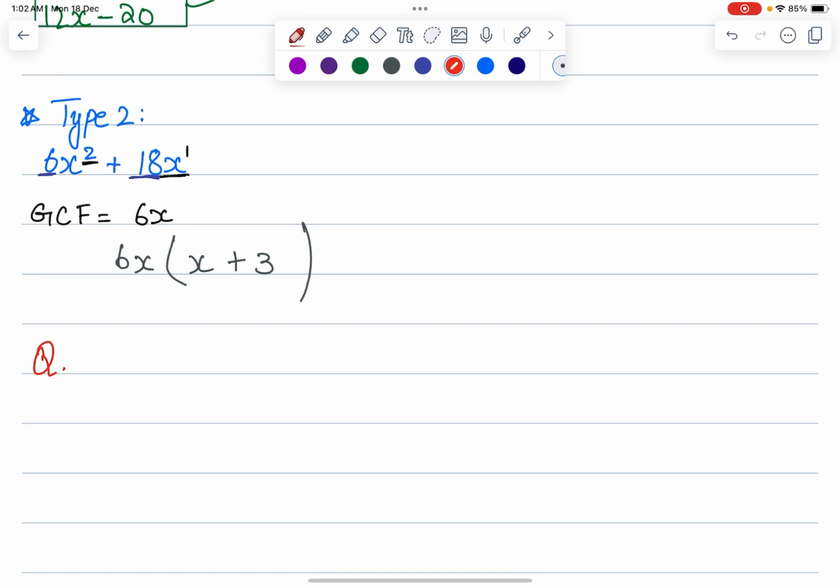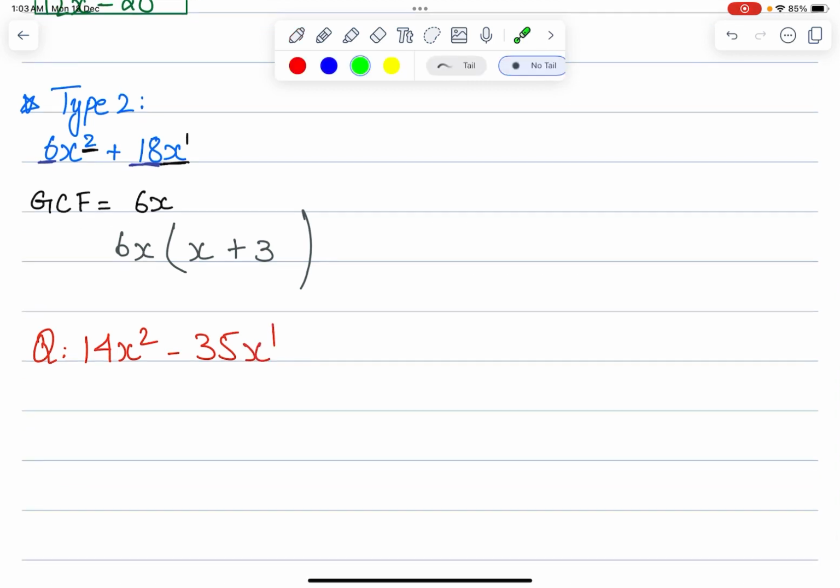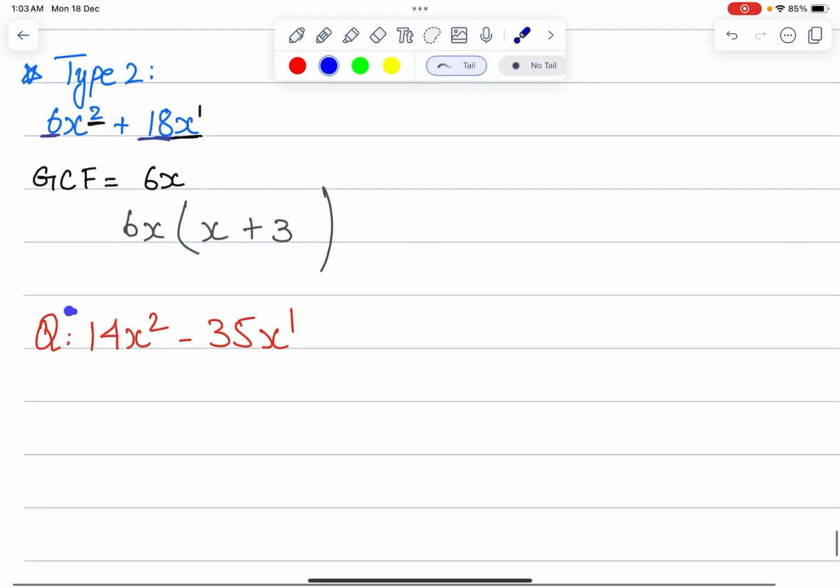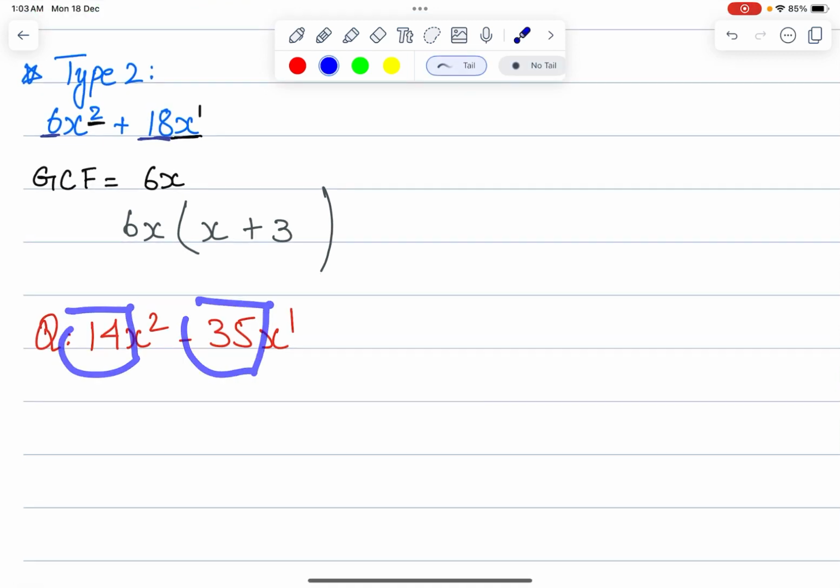You have an example like 14x squared minus 35x to the power 1. Simple. This is an easy one. Look at the numbers first. 14 and 35. What is the greatest common factor they share? You think about it and you come to the point that, yeah, 7 is going to be the number which divides them both.